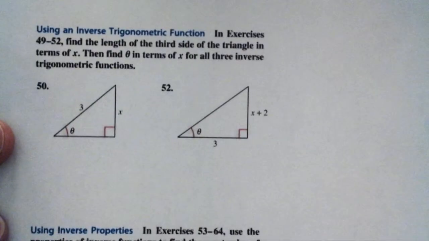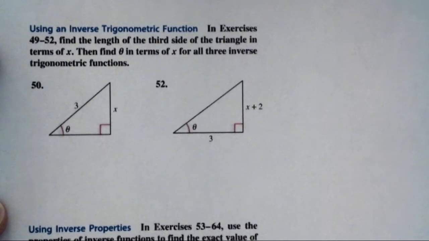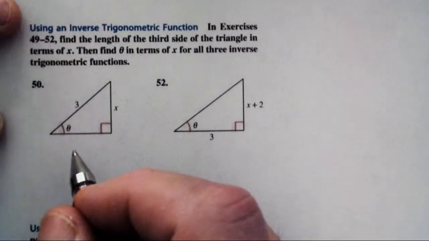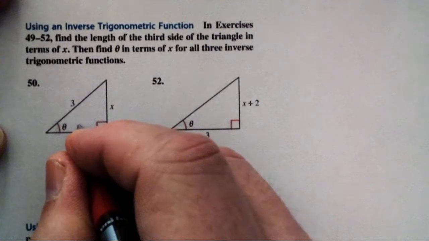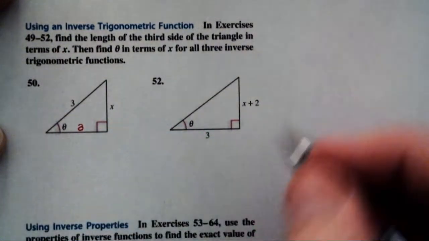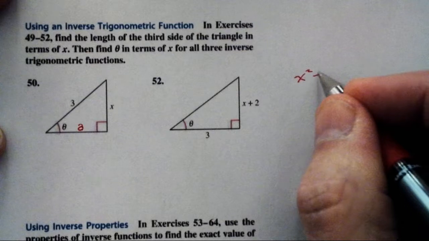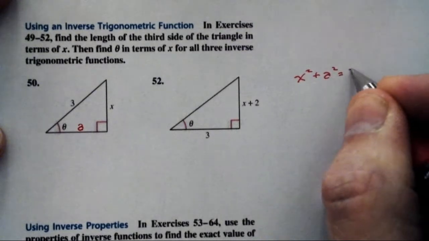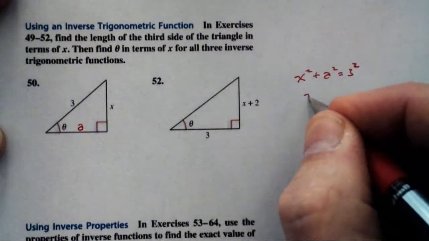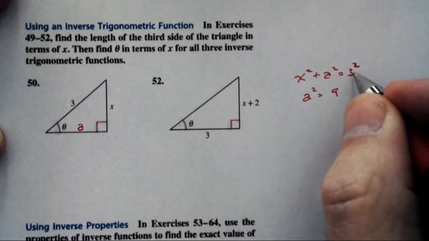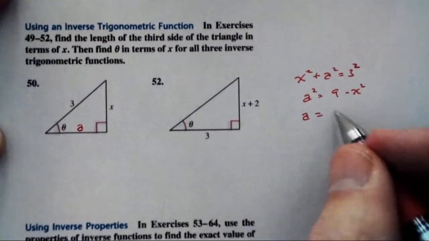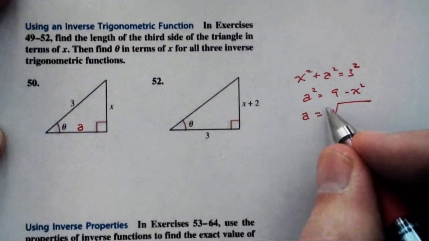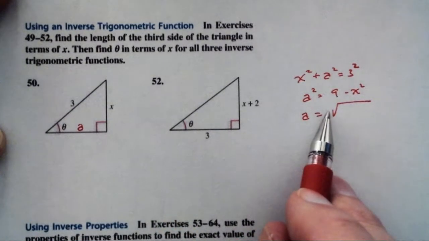All right, let's take a look. Find the length of the third side of the triangle in terms of x. So the third side of the triangle here, I'm going to need to borrow some space over here. The third side, if I call this side a length of a, I know that x squared plus a squared equals 3 squared, or a squared equals 9 minus x squared, or a algebraically would be plus or minus the square root of, but we're not going to have a negative value here.